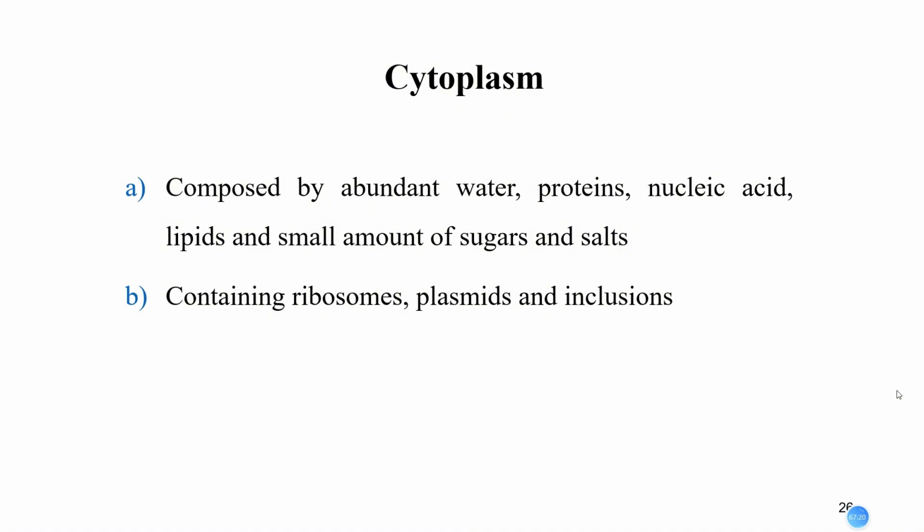It carries the unique organelle of bacteria, the ribosome. Ribosomes are the only organelle in bacteria, but it's not a membrane-containing organelle. It contains only protein and RNA. And also, you can find plasmids in the cytoplasm and inclusion bodies.